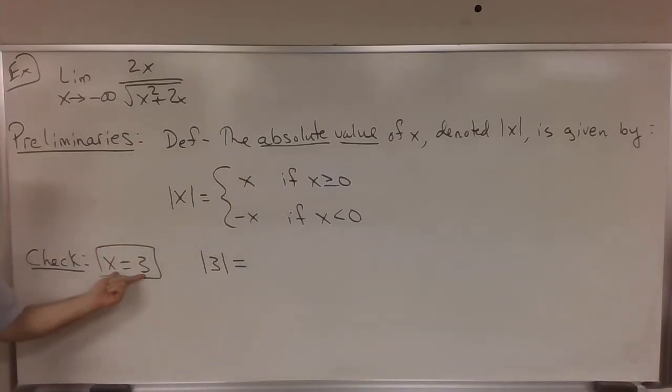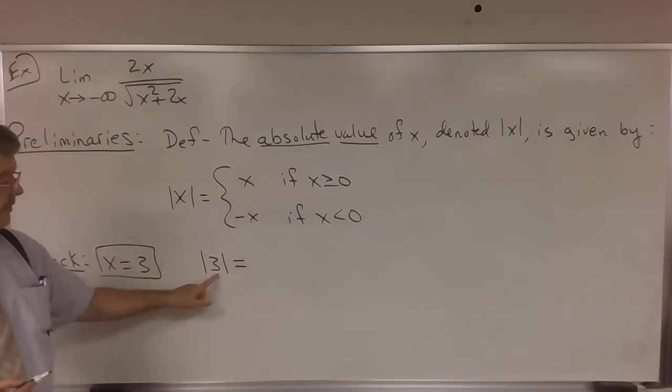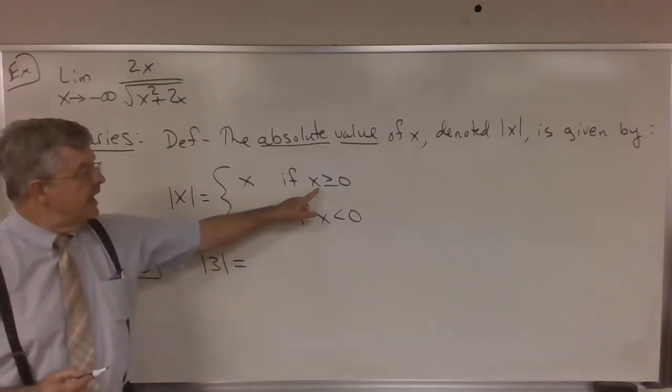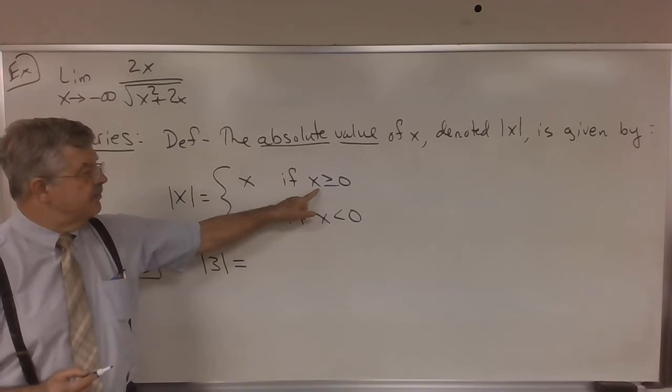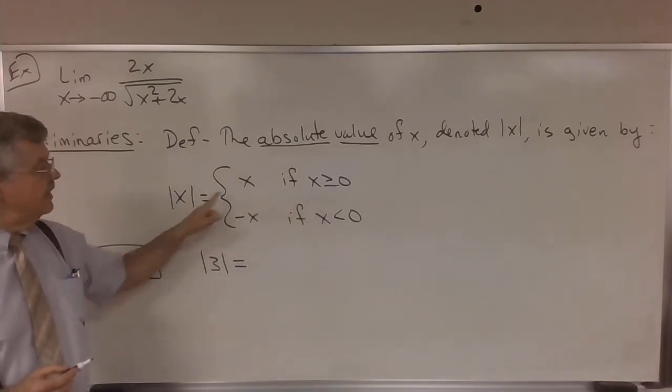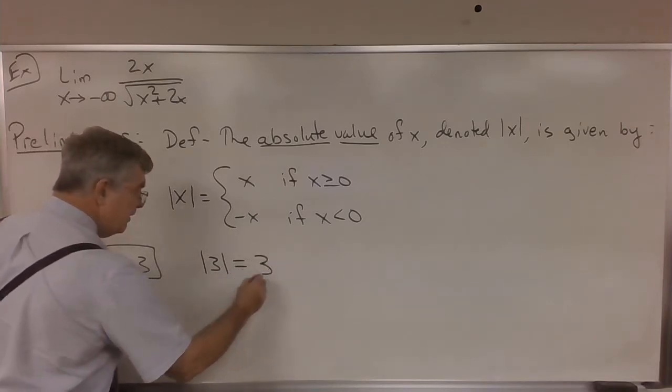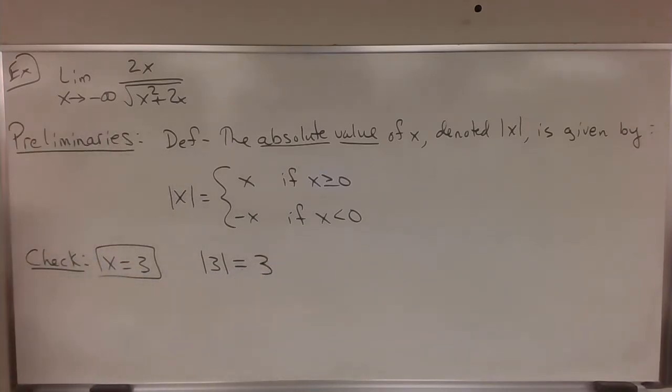Well, here, x is 3, and it's greater than or equal to 0. And if we want the absolute value of something that's greater than or equal to 0, it's just the number itself. Well, that seemed to work okay.